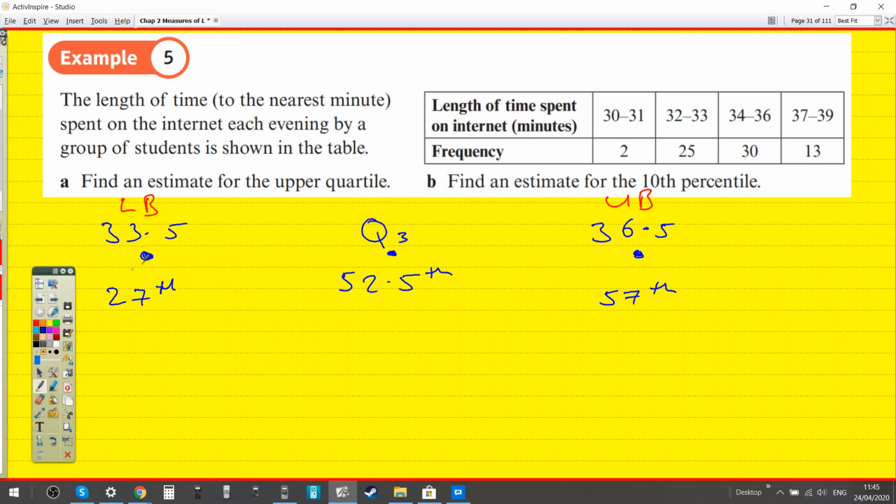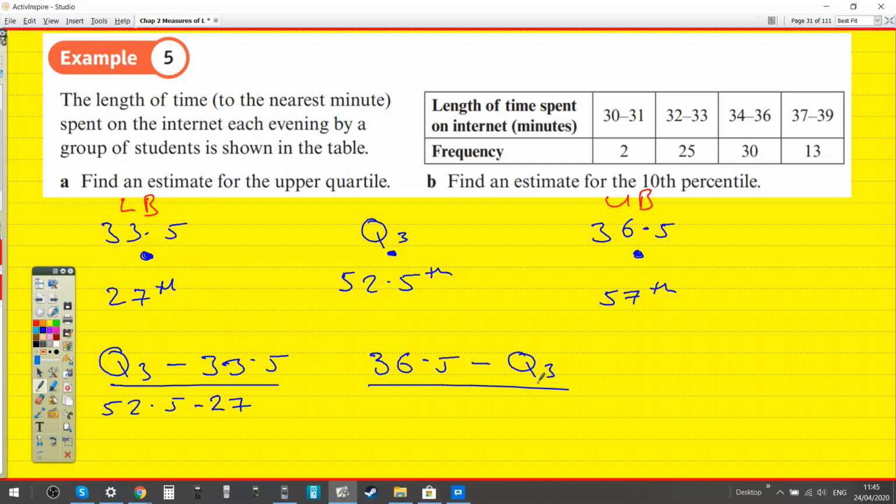And so Q3, the difference between Q3 and the lower bound, as a proportion of that, you've also got the other side. So the difference between the upper bound and the upper quartile as a proportion of the difference from 57 to 52.5.